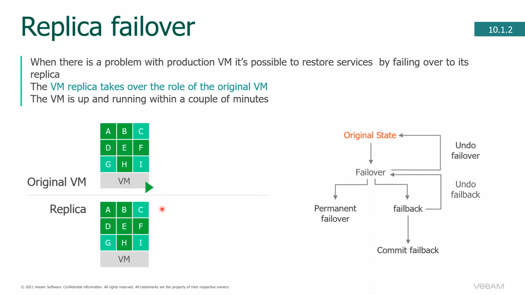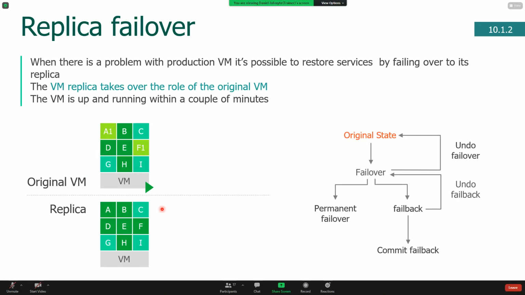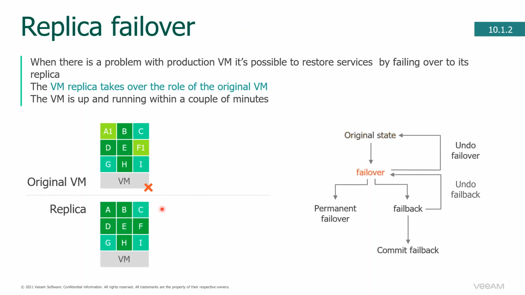That's why even though your replication will be ongoing, there will still be certain data change on the original VM that might not be able to send over to the virtual machine replica in time. Right? And then over here you will see the original VM goes down straight away, maybe due to hardware failure, etc. A lot of possible causes.